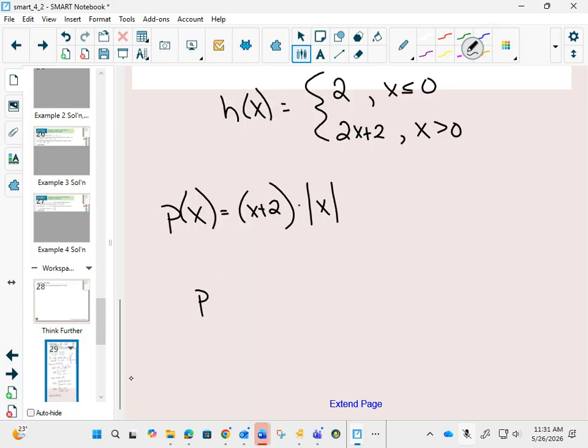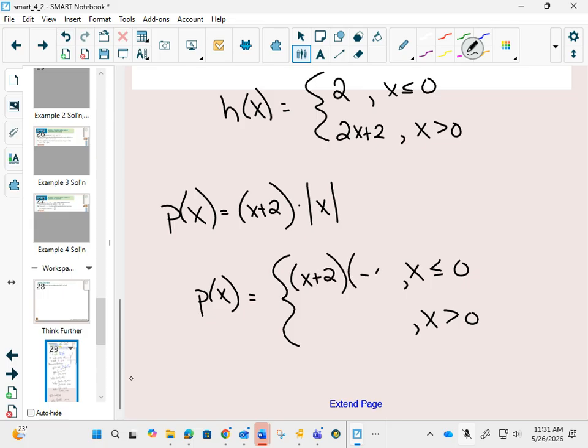And now I'm going to write P of x in the piecewise notation, right? We had one, because the absolute value switched when x was less than 0 and when x was bigger than 0. Well, when x is less than 0, the absolute value of x is negative x. And when x is bigger than 0, the absolute value is x.